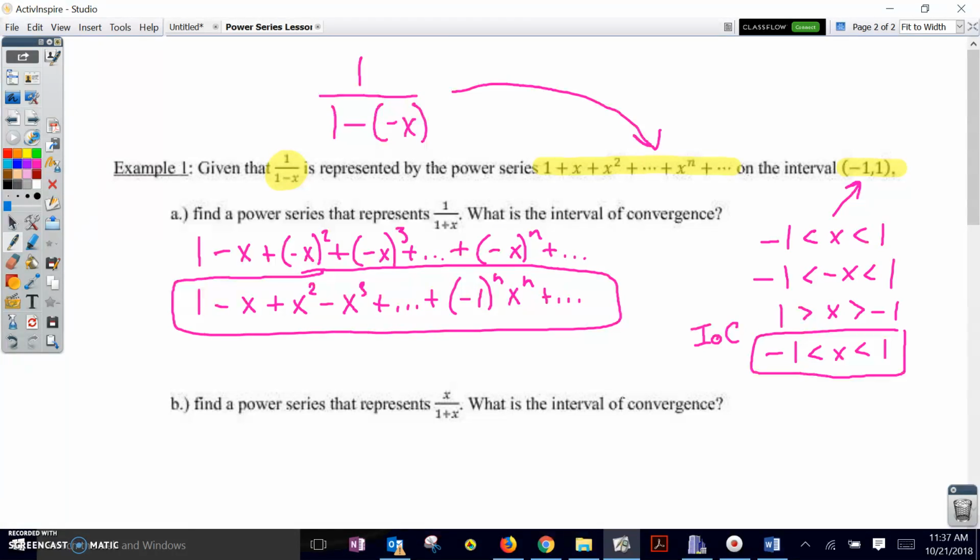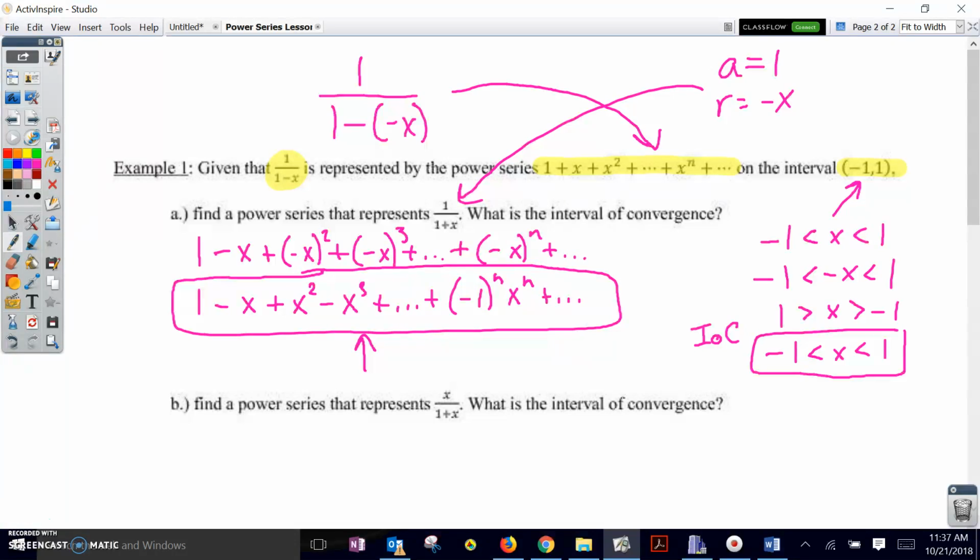Another way that I could handle it is by just looking at this in terms of a over 1 minus r, and then this is a series where a is equal to 1, r is equal to negative x, and then that series is just a plus ar plus ar squared, etc., which gives me this exact same series.